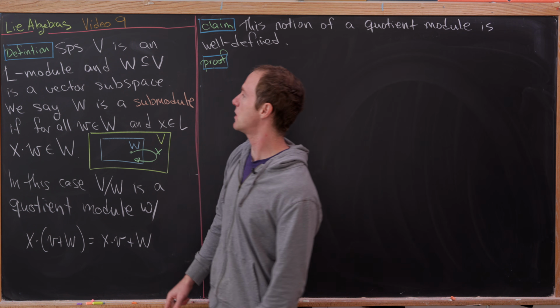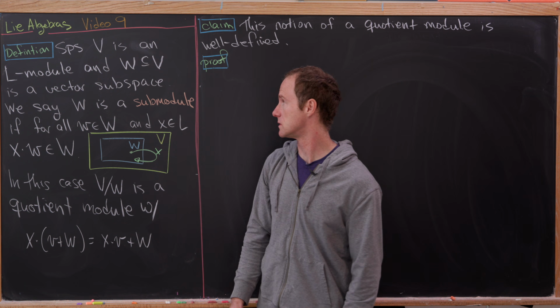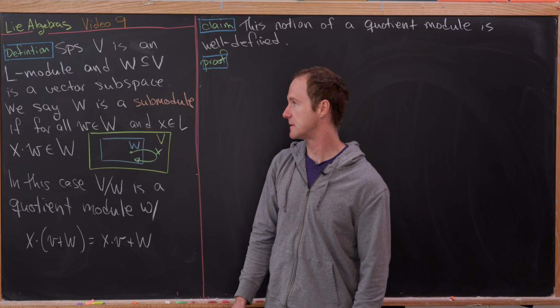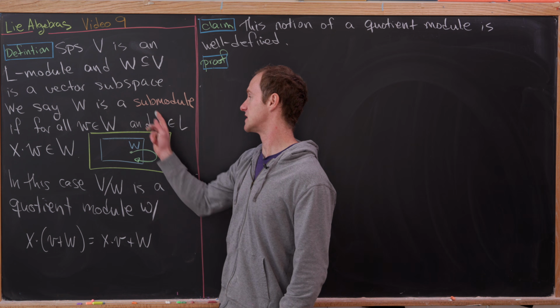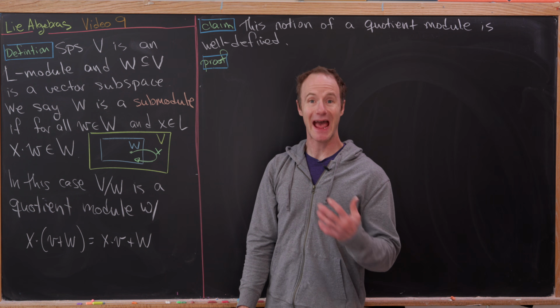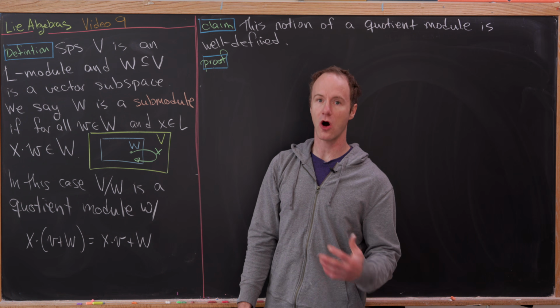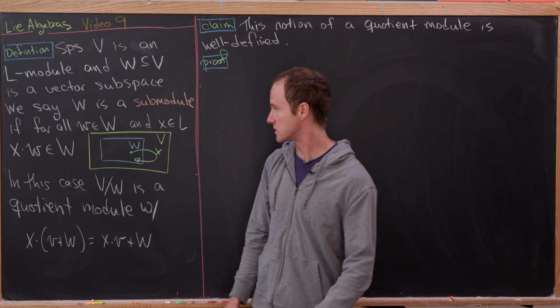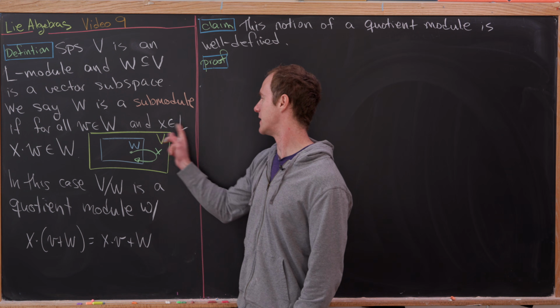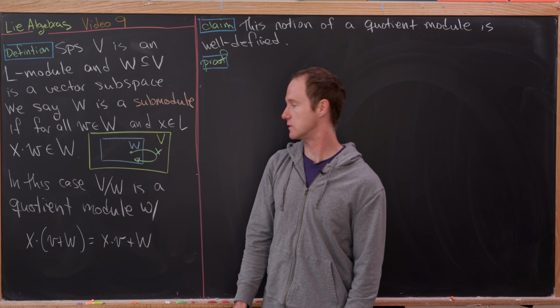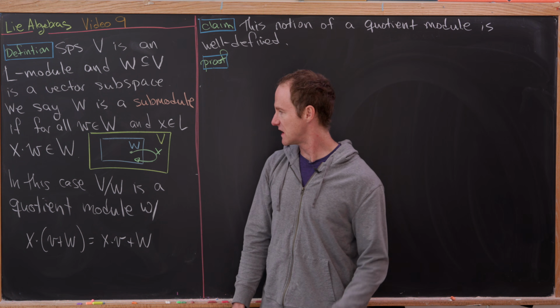So let's suppose that V is an L module and W is a vector subspace of V. Then W is called a submodule if it's going to be X invariant for all elements X of the Lie algebra L. In other words, for all w in W and X in L, X dot w is inside of W. So we like to think of this as follows.